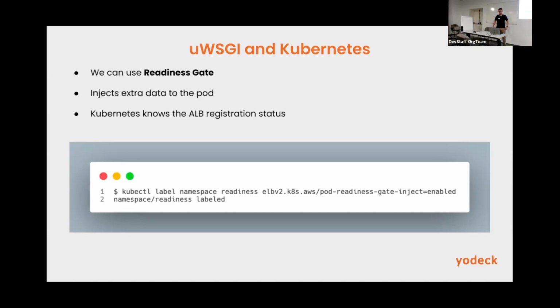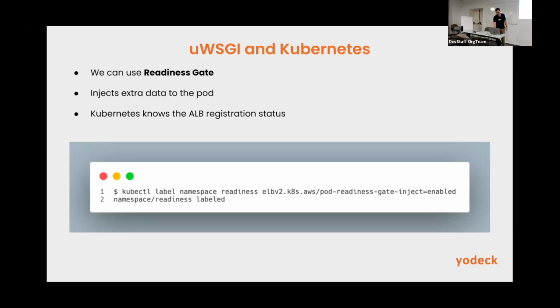In case of downscaling, when the readiness probe of Kubernetes starts failing, it will inform the ALB, and the ALB will start draining the node and move the pod outside of the ready-to-use targets.